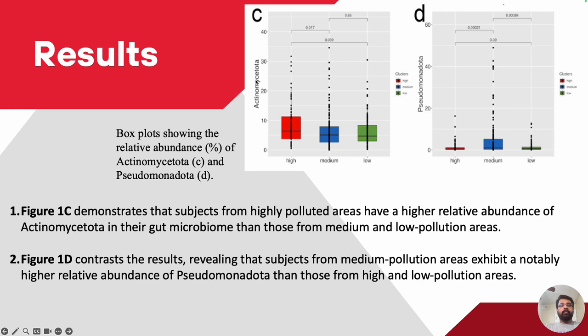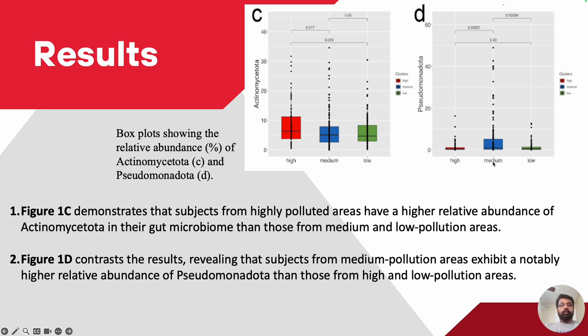So they compared this particular group of organisms in the highly polluted area, medium, and the low polluted area. One sees here that the highly polluted areas have a higher relative abundance of Actinomycetota in the gut microbiome than those from the medium and the low polluted areas.